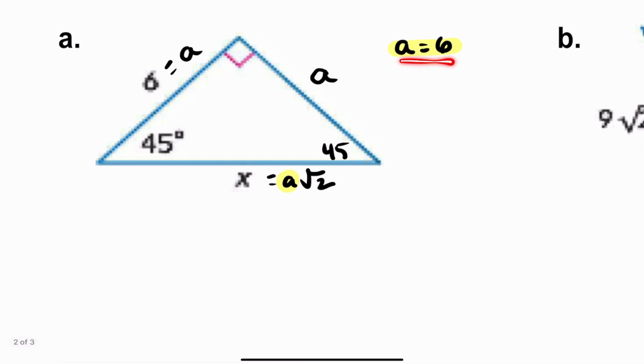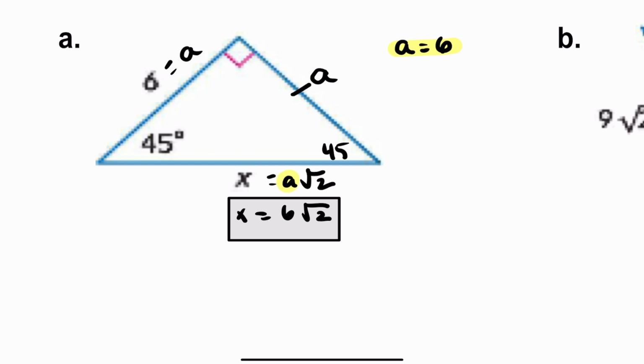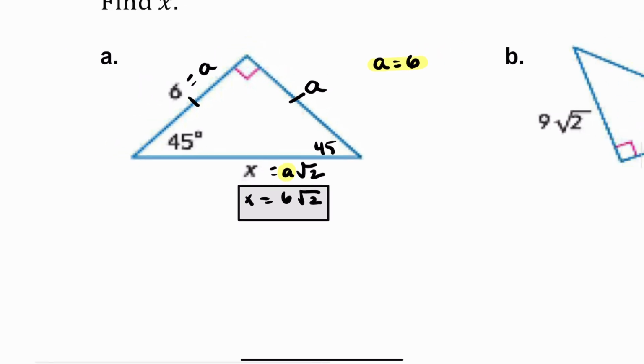Well, if we know that A is 6, then X has to be 6 root 2. And that is our answer. Okay? So that is our answer. And I'm just going to throw those tick marks here to indicate that those two segments are congruent. So your answer for A is X equals 6 root 2.